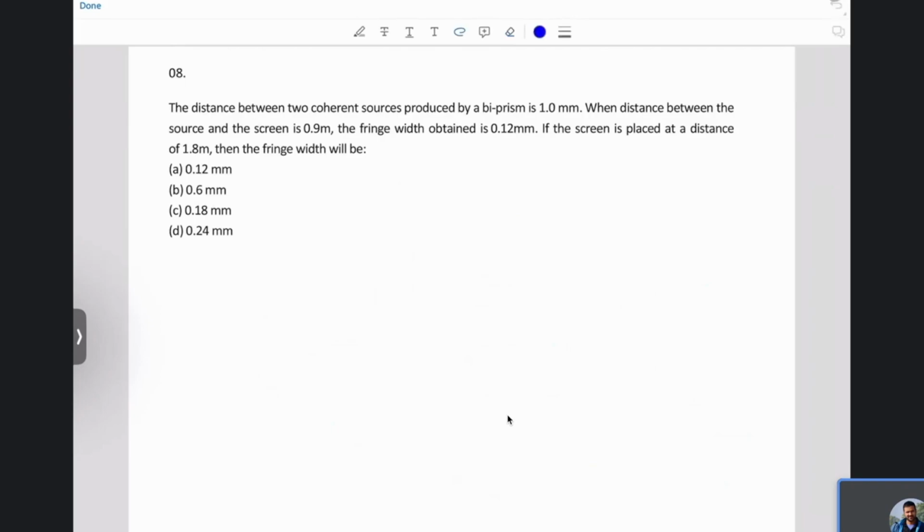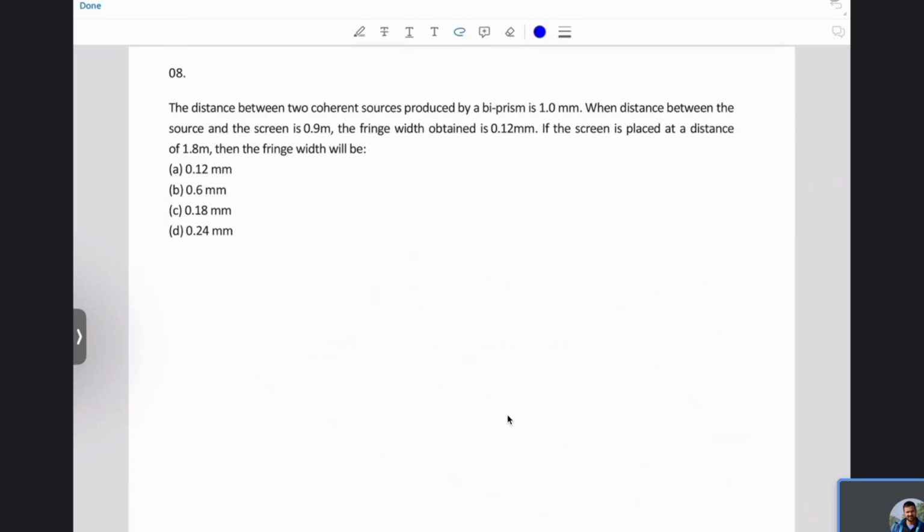So now we have this fifth problem, which is the distance between two coherent sources produced by a biprism is 1.0 mm.